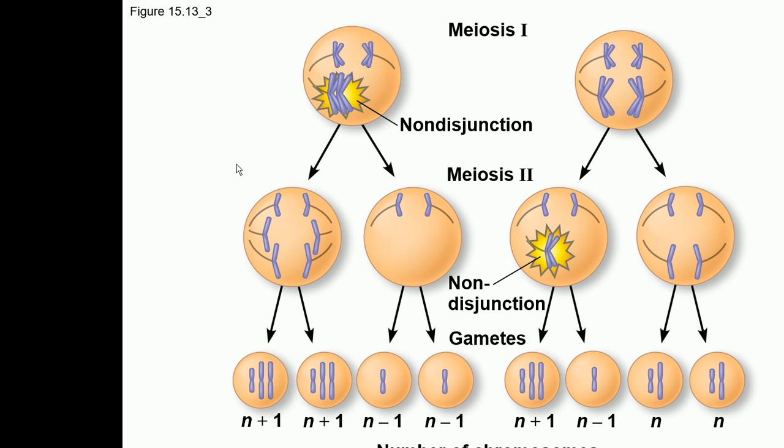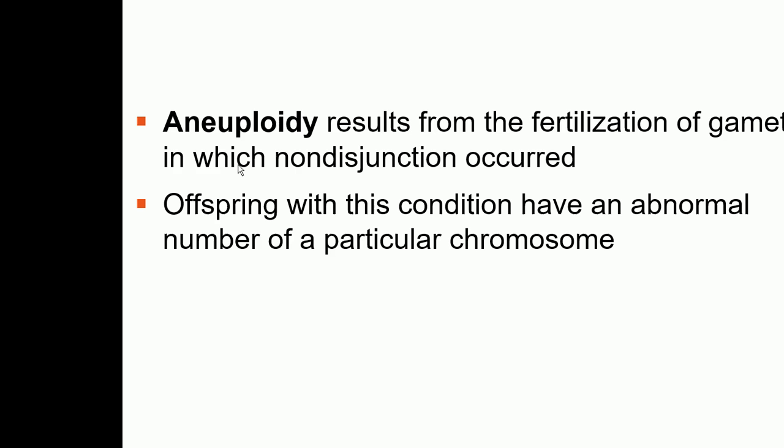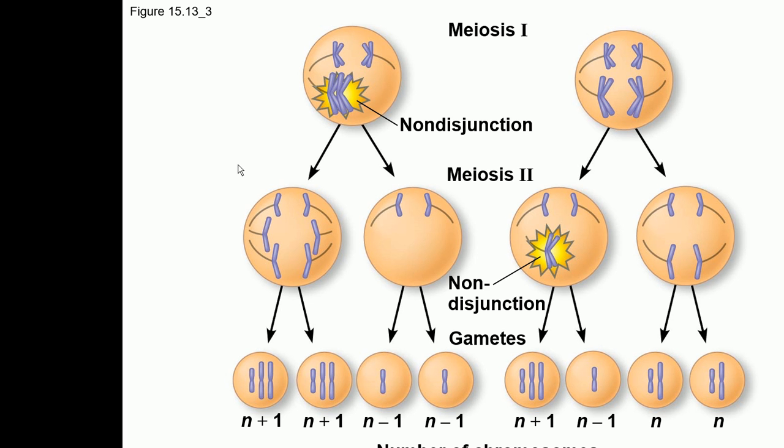Here they are just showing the separation of sister chromatids. One cell will have 3 chromosomes, the second will have only 1 chromosome, and these are all duplicated, and they are now showing for meiosis 2 the separation of sister chromatids.